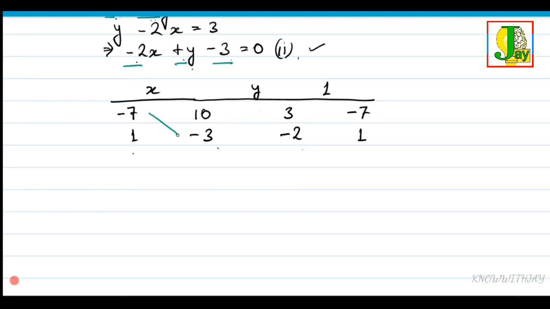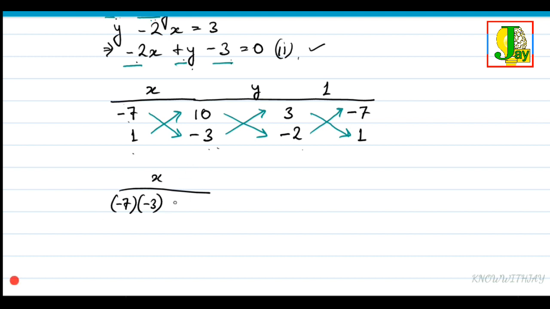Then we need to cross multiply the terms. Okay, first downward and then minus the upward one, downward minus upward. Okay, so we have x by, so minus 7 into minus 3 minus then 1 into 10.